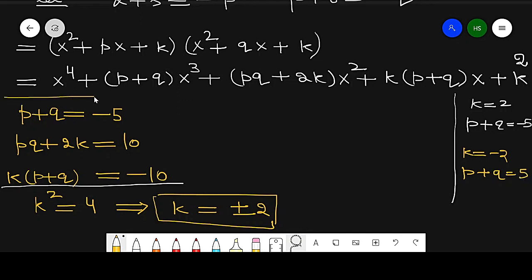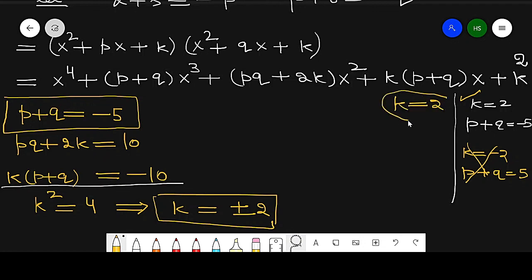But in our case, p plus q is equal to minus 5. It means k equal to 2 is applicable, and minus 2 is not applicable because it does not satisfy this condition. So we will choose the value of k equal to 2. This is a very important point, just remember.